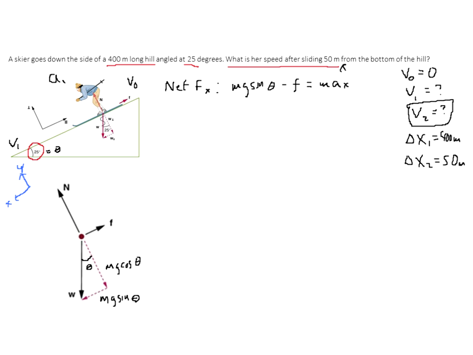This person has some sort of acceleration down the hill. And on the next slide, I'll continue with the second half of the drawing. So first off, we need to figure out her velocity. We need her speed after sliding 50 meters from the bottom of the hill.